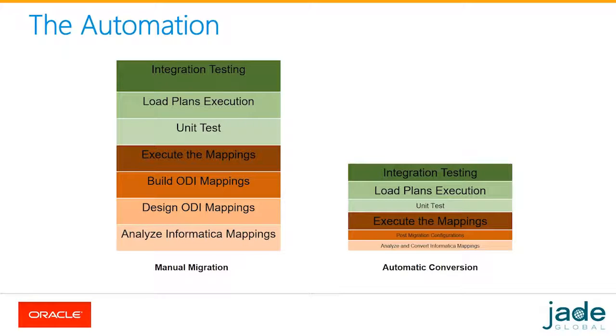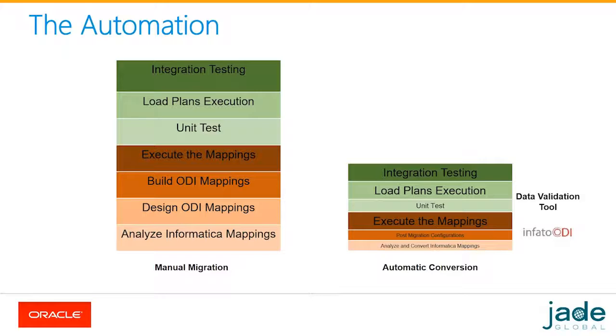While in the automatic conversion, the heavy lifting is done by Jade's tool InfatoODI, which reads the metadata from Informatica and eliminates the risks of human errors while replicating the same transformation logic in the target ETL.